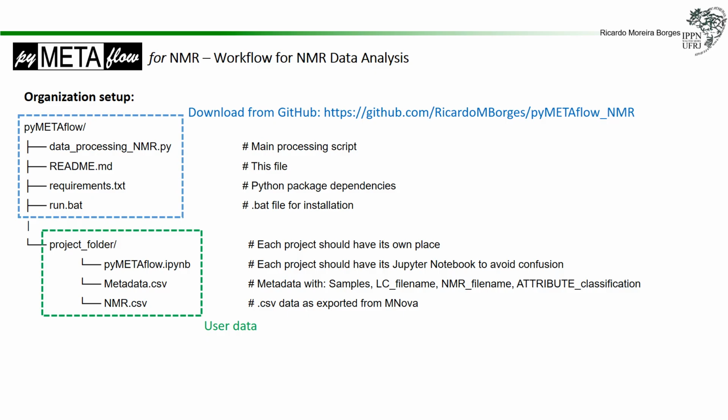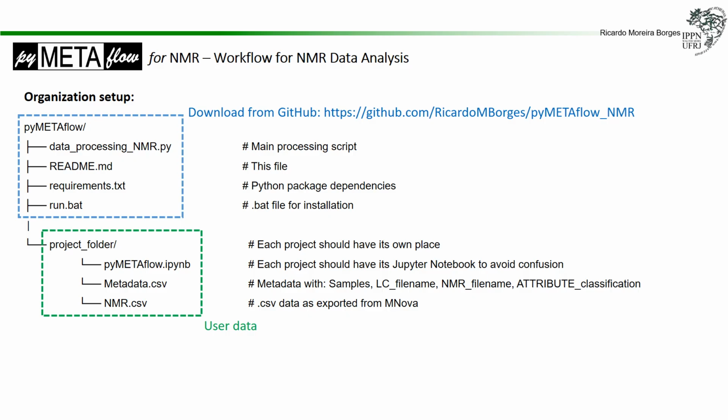This is the Python packages dependencies just for the installation, and the run.bat, that would be for Windows, and you would run that to install everything, even the Jupyter notebook.